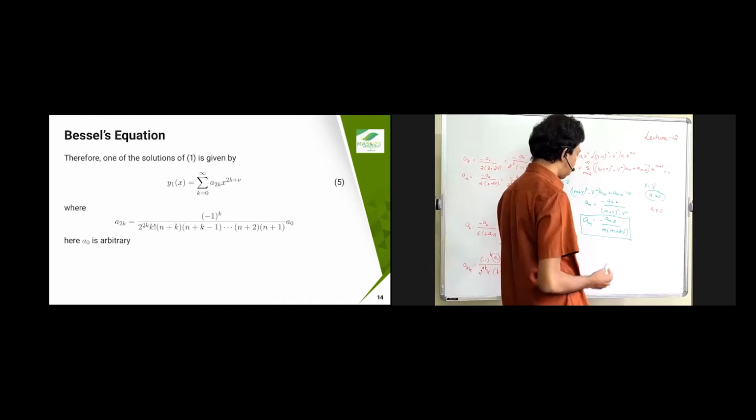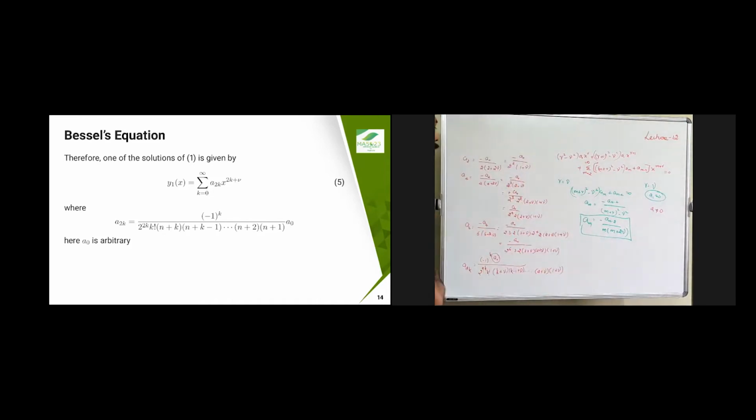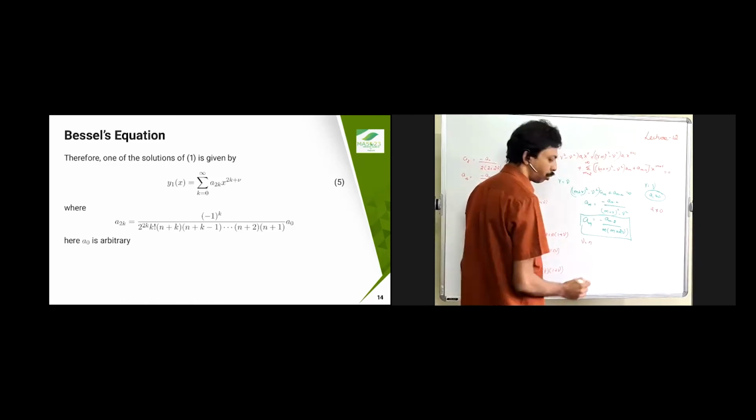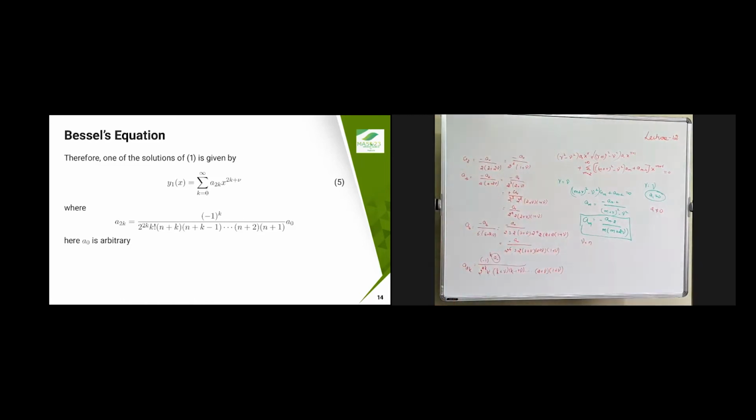In particular, suppose I take ν equal to some natural number n, a positive number. So if ν equals n, what can I write?